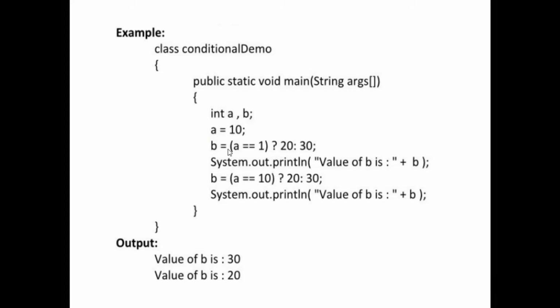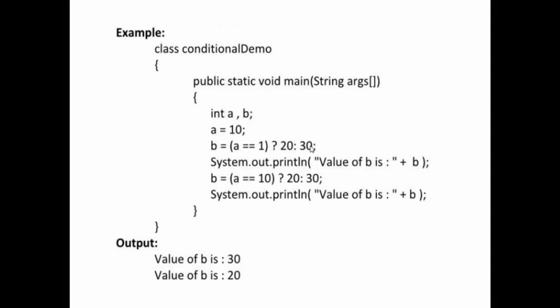Now first of all we evaluate the condition a equal to 1. My a is 10. 10 equal to 1, is it true or false? That is false. Then we consider the value after the colon, that is 30. If my condition is true, then 20 will be considered.